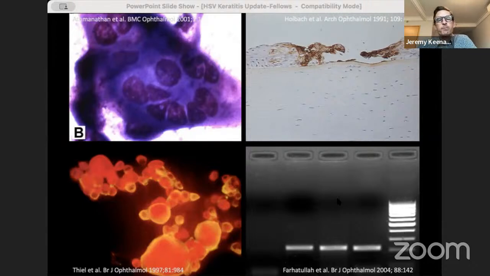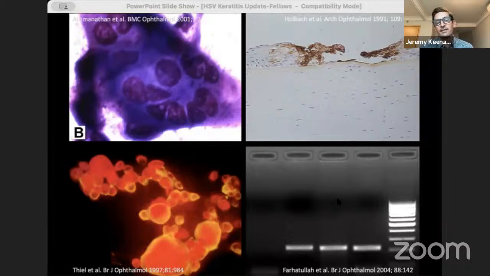The thing to know about PCR testing is that it depends on the lab that's doing it. The sensitivity and specificity of the assay has to be set according to the copy number of the PCR. So you can get a lab that has set their assay so that it's too sensitive.